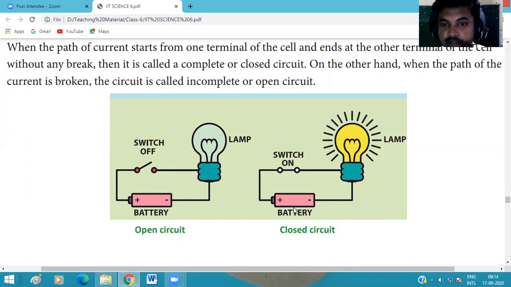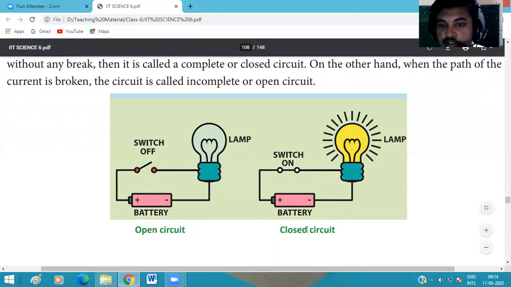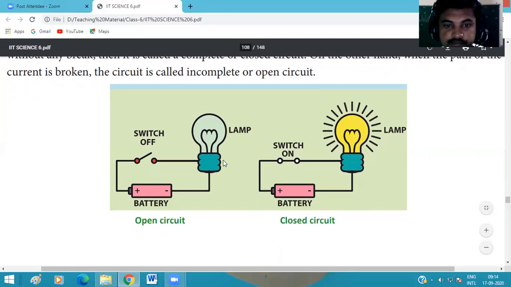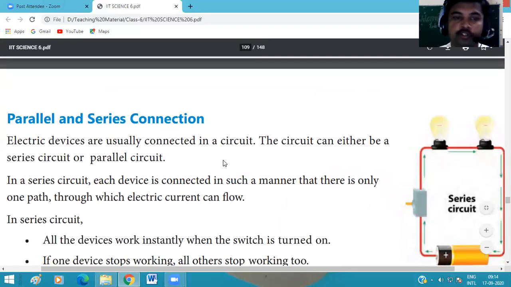An open circuit is also called an incomplete circuit, and a closed circuit is called a complete circuit. When the circuit is complete, the switch is on and the current flows continuously from the positive to the negative terminal.